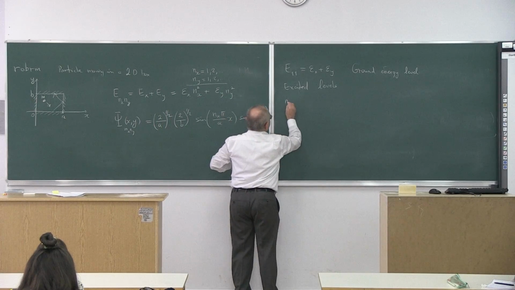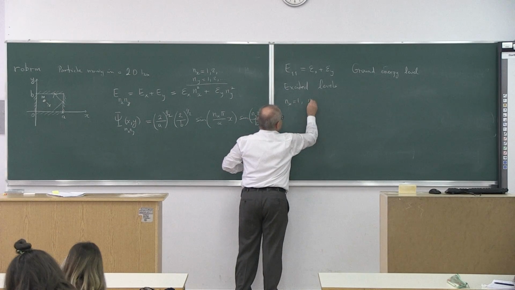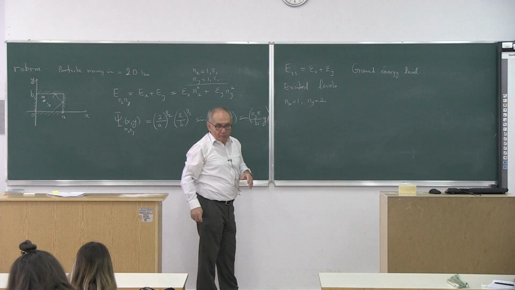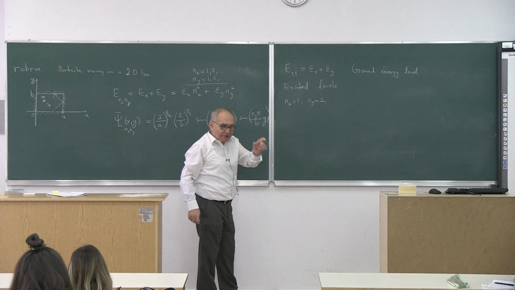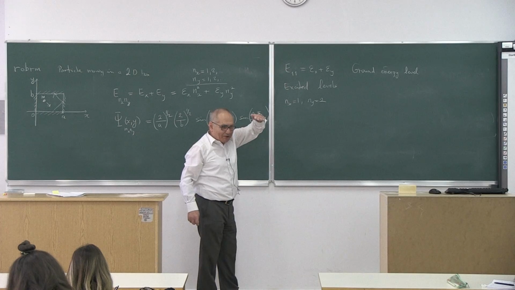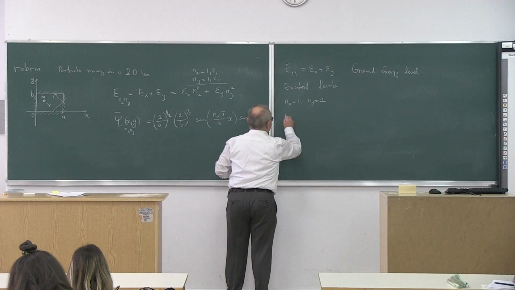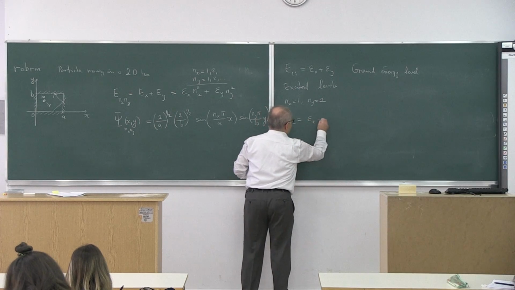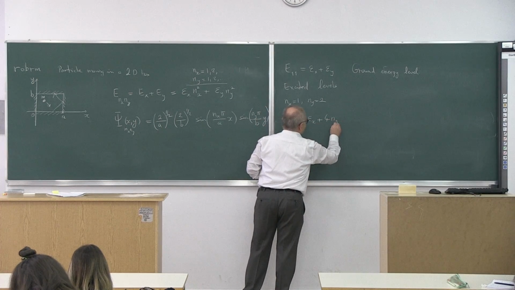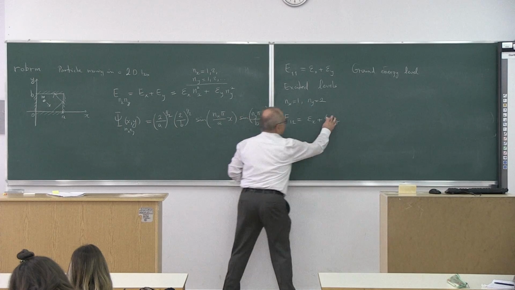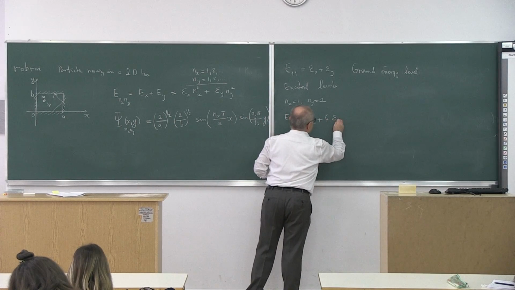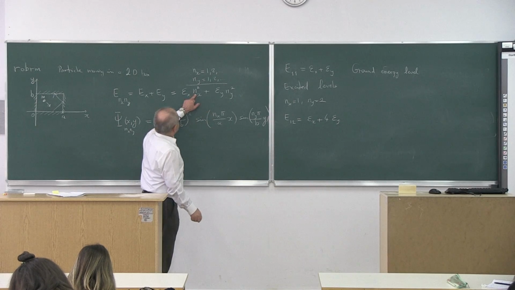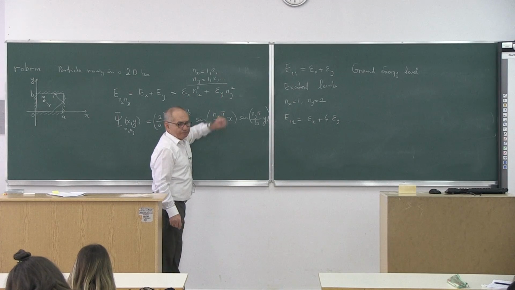So if I select this, it is one candidate for the first excited level, isn't it? Then I will write nx is 1, ny is 2.